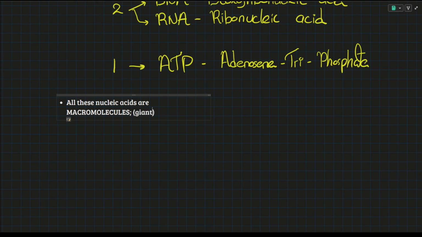Macromolecules means giant, obviously. And they are also polymers. These nucleic acids are polymers of individual nucleotides. It's a very clear distinction you should get into your mind. Nucleic acids and nucleotides are not the exact same thing.